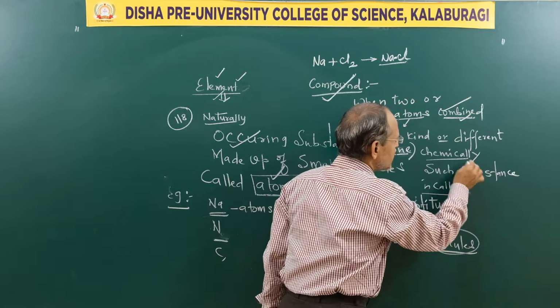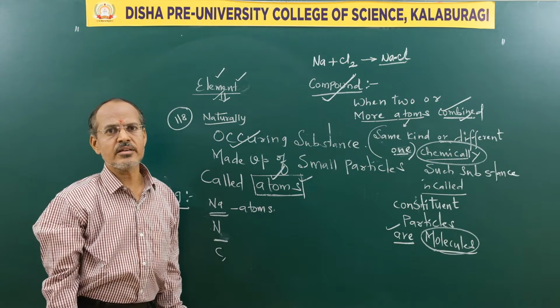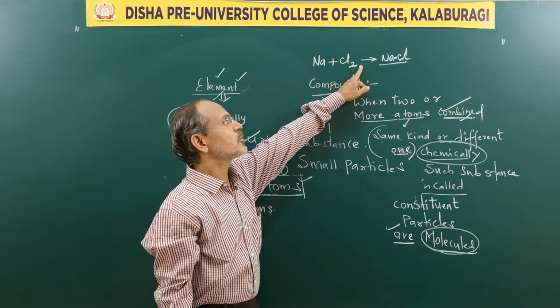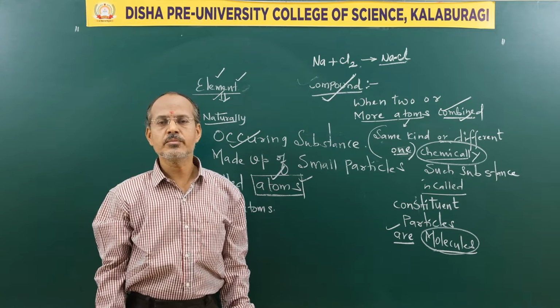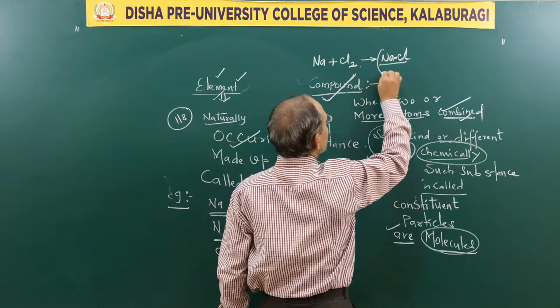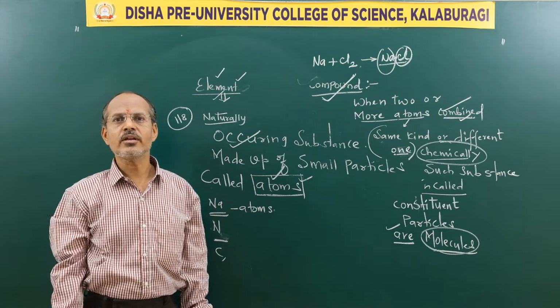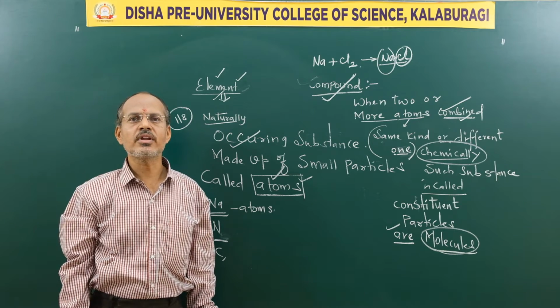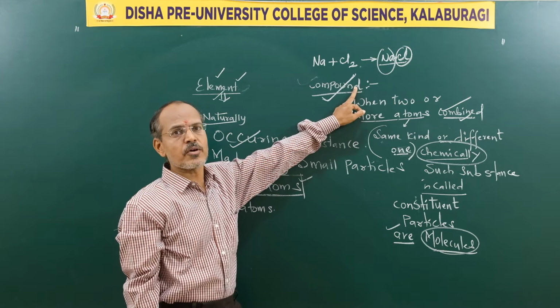They combined chemically. So sodium chloride is called a compound because it is made up of two atoms, one sodium and one chlorine. That is what we call a compound.